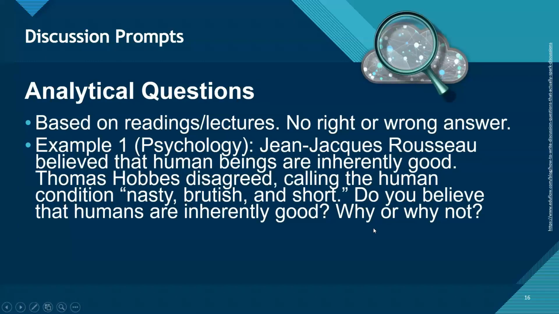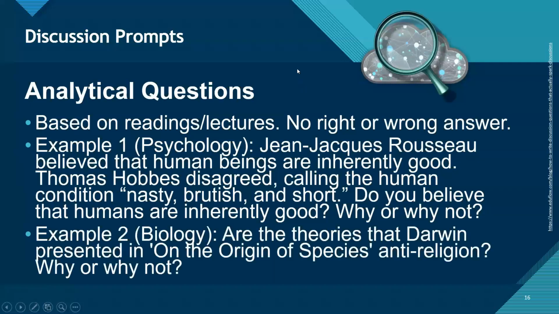Do you believe humans are inherently good? Why or why not? They're going to need to be able to base their answer on what they've learned. And again, for biology here: are the theories that Darwin presented in On the Origin of Species anti-religion? Why or why not? Well, they're going to have a good understanding of On the Origin of Species before they can answer this question.